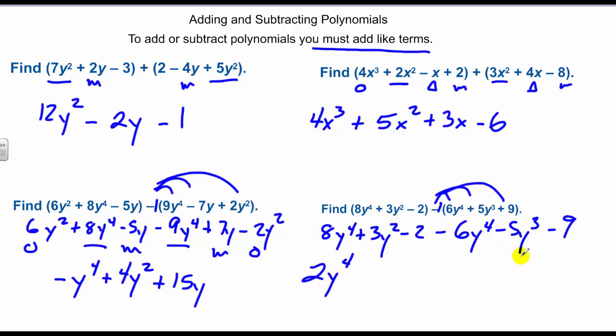I've got a third power here, no third power over here, so I list the third power, keeping it in standard form. So squared, but no squared to the right. So I keep that term as well. And then I look at constant terms, which is negative 11.